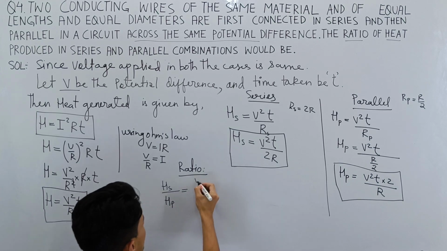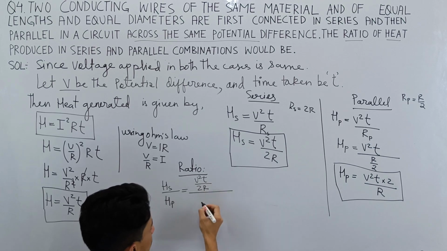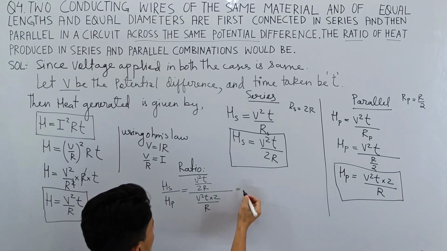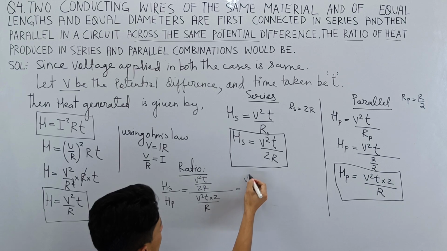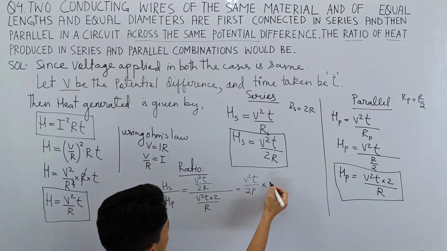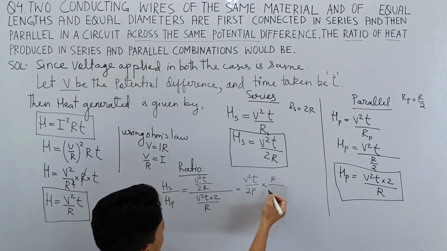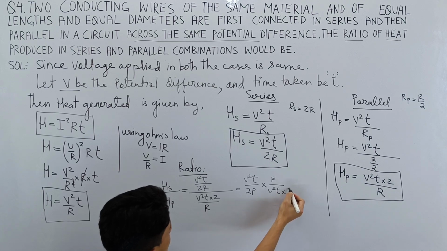HS value is V square T by 2R. Remember, this is the main division, and we have V square T into 2 by R. So next it will be V square T by 2R. This will become into, then R will go up, and then V square T into 2.